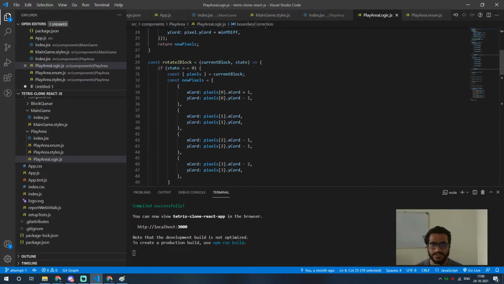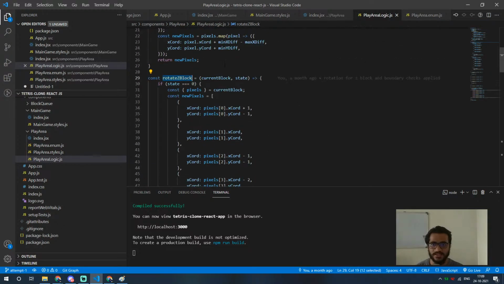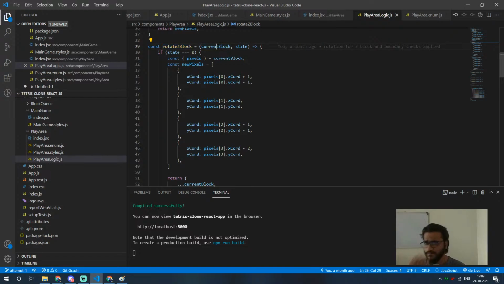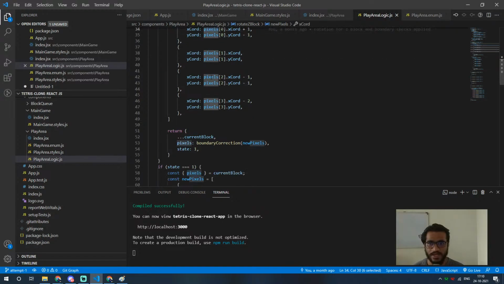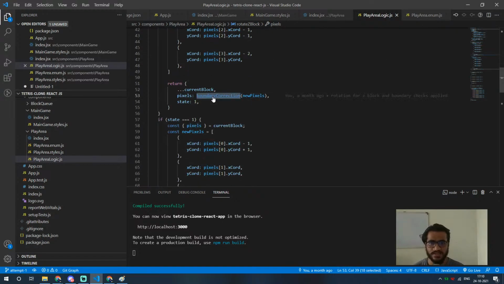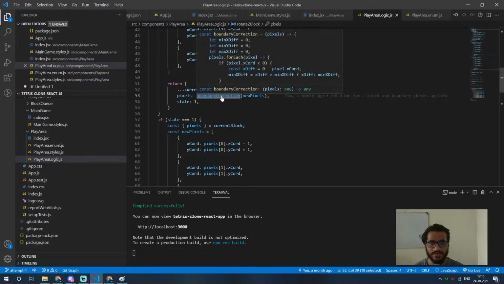What I have done is, when rotation takes place, it takes the current block, its state, and then rotates, changes the pixel values of those blocks and checks whether those values are in the boundaries, right?